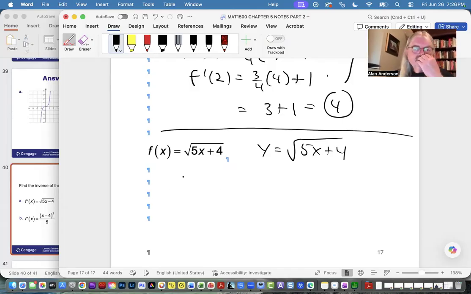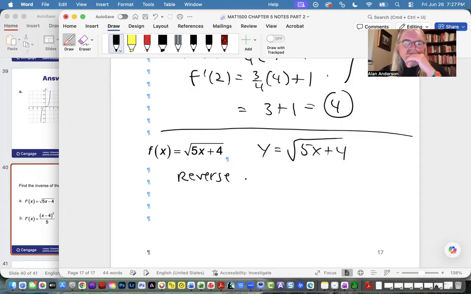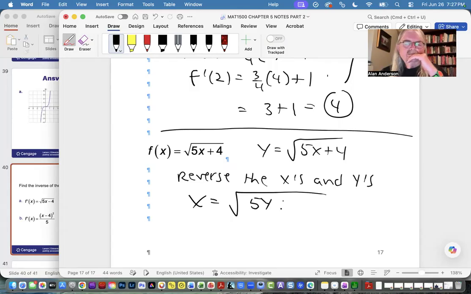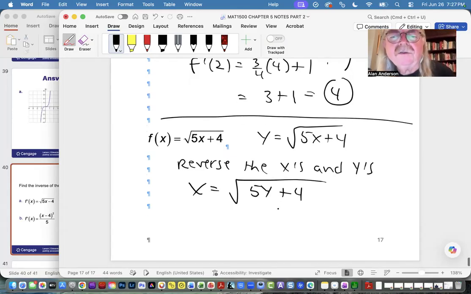So, reverse the x's and y's, and then solve for y.